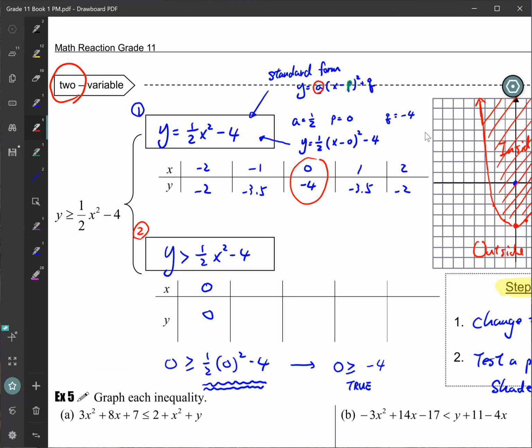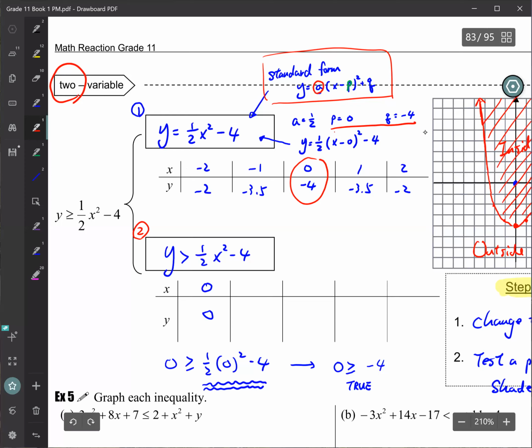Okay, do you know how to get the standard form? If I look back, I should be able to know. Factor A, divide by 2, and balance. The thing we practiced before. PQ is what's telling you the vertex, the middle point.